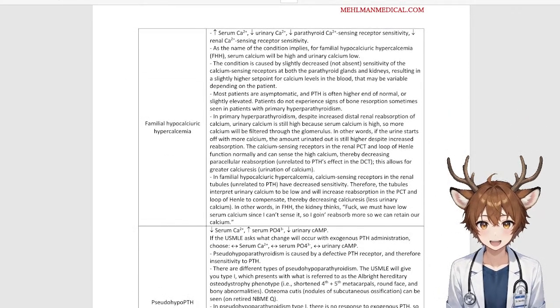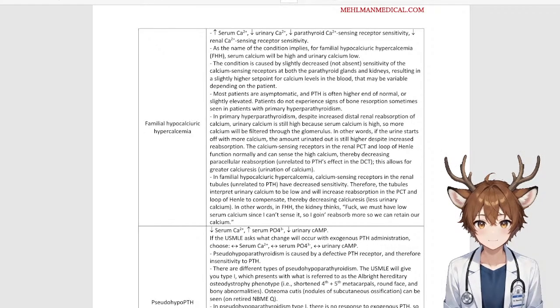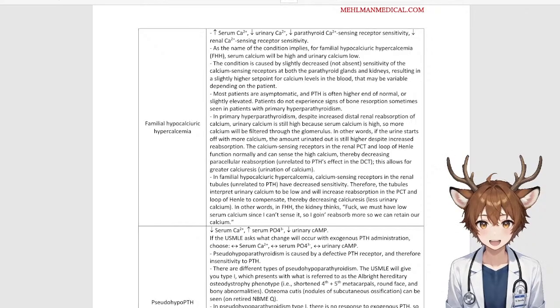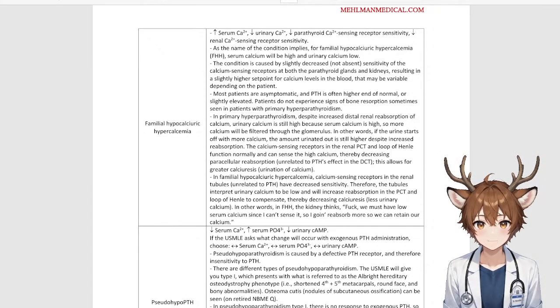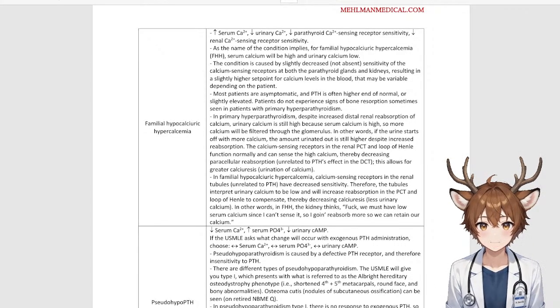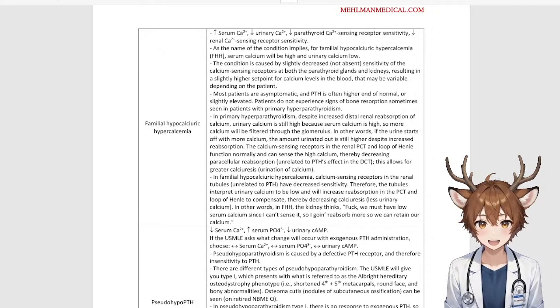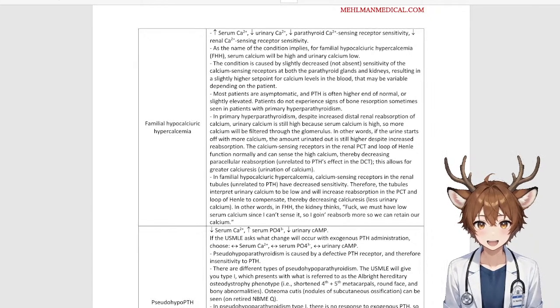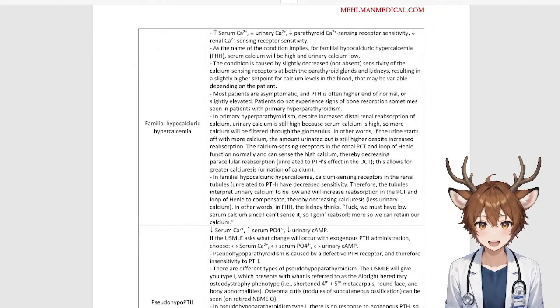Familial hypocalciuric hypercalcemia. Elevated serum calcium, low urinary calcium, low parathyroid calcium-sensing receptor sensitivity, low renal calcium-sensing receptor sensitivity. As the name of the condition implies, for familial hypocalciuric hypercalcemia, FHH, serum calcium will be high and urinary calcium will be low.